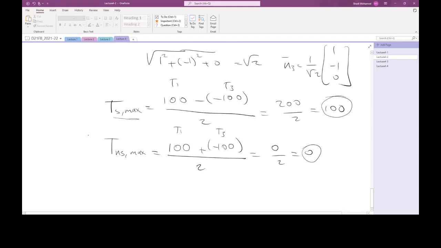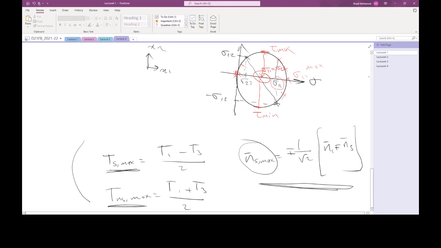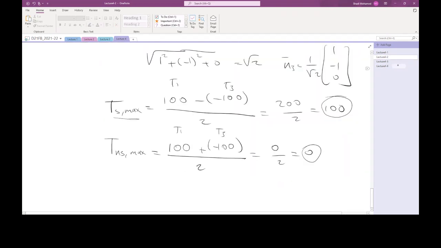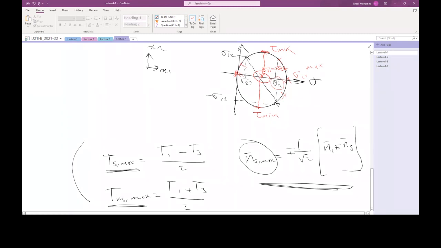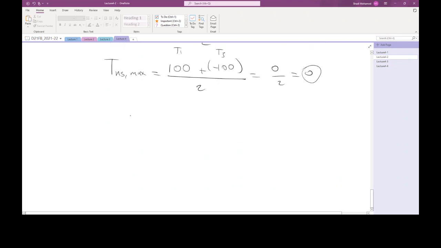Now I need to find the direction, basically for Ts max, and the direction is this set of rules. I'm just going to use them. And here I'm going to split. So I'm going to do it first for plus and then for the minus. I'm just going to do it twice. I'm not going to mix up things so you can see it easier. I got n1 to be 1 over square root of 2, 1, 1, and 0.